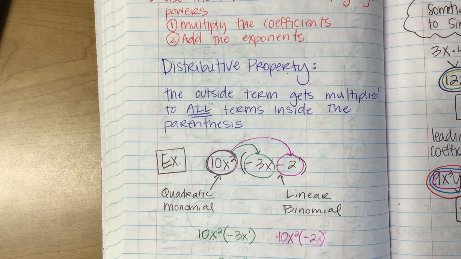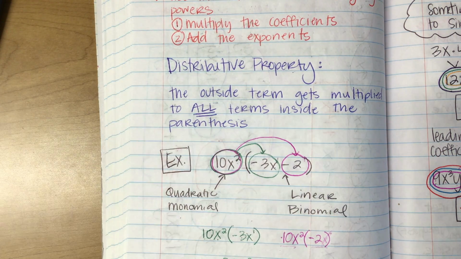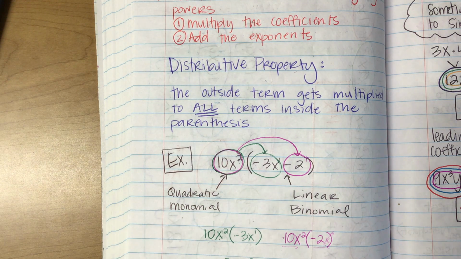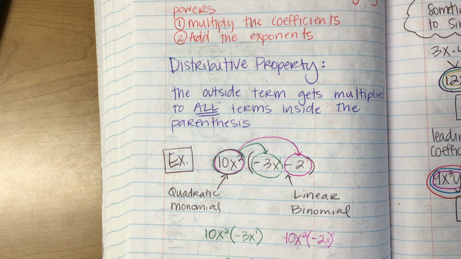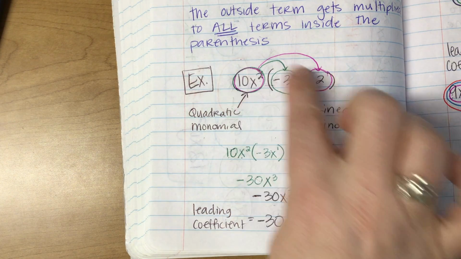It's the distributive property, except the difference, what we may not be used to, but it's a pretty easy adaptation, is that we're just multiplying variables with exponents. All you're doing is distributing.